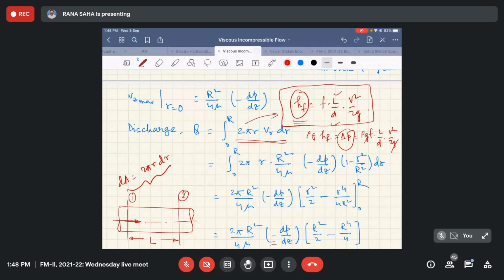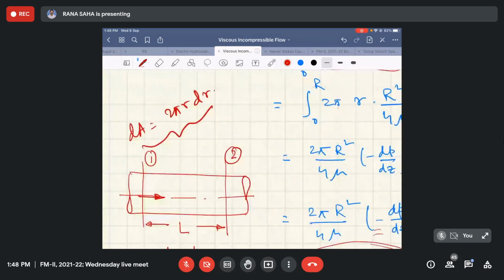Okay, so here, in this picture, for the flow from 1 to 2 we have a straight pipe. So why is the pressure falling from 1 to 2? Why do you have P2 not equal to P1? You actually have P1 greater than P2. Why? Because of the loss. What kind of loss can you expect here?